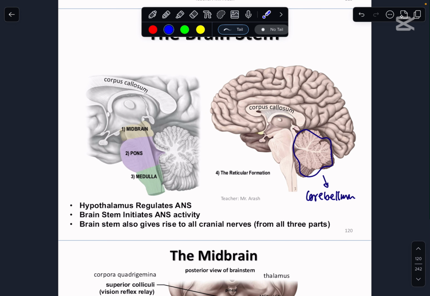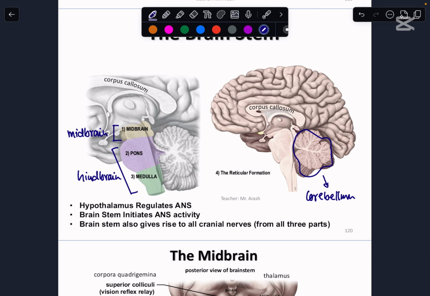You can see that here too, right? This is the midbrain area, which we just mentioned, and then this whole part would be hindbrain.